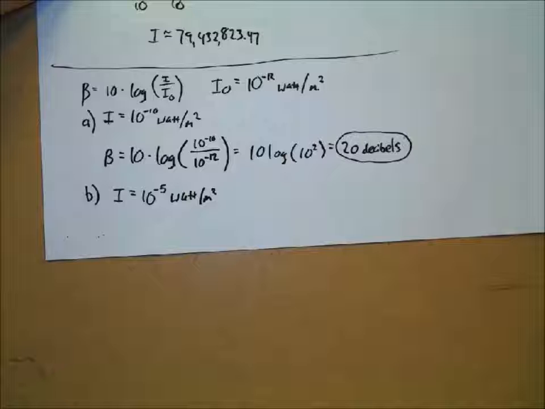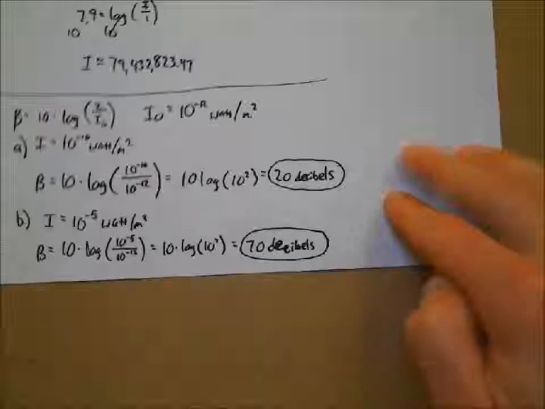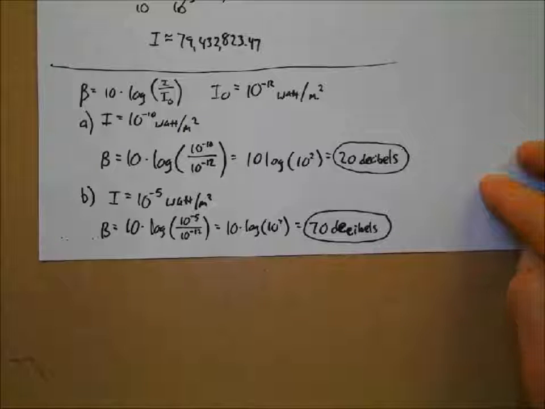All right, so what we get here, how many decibels would that be? 70. Yes, that's right. 70.